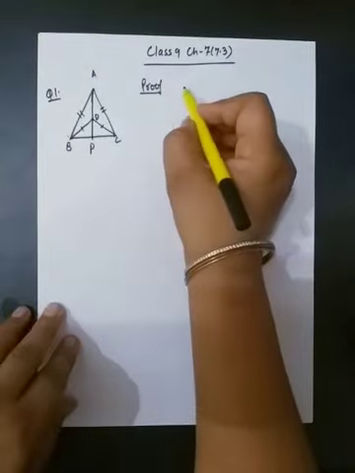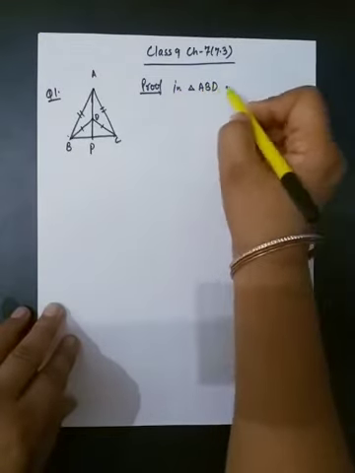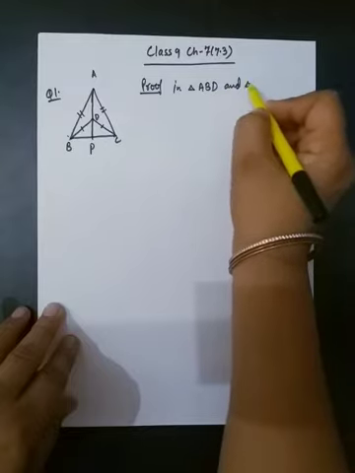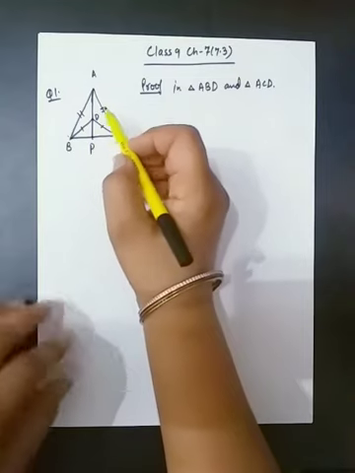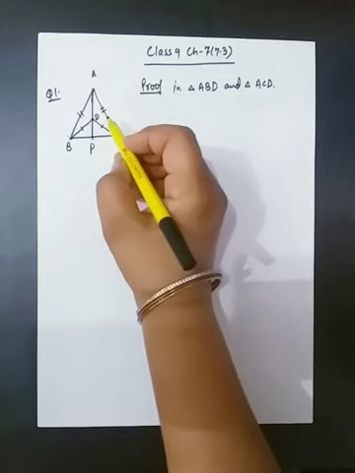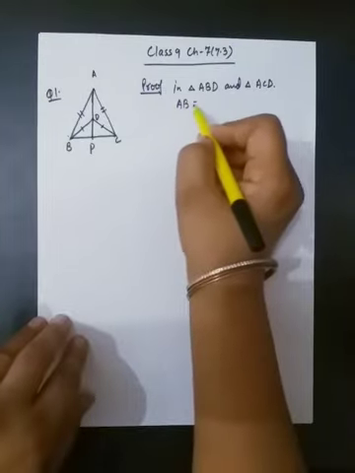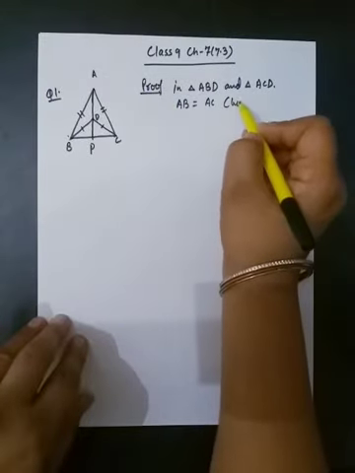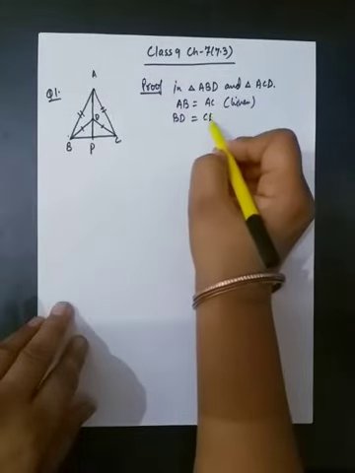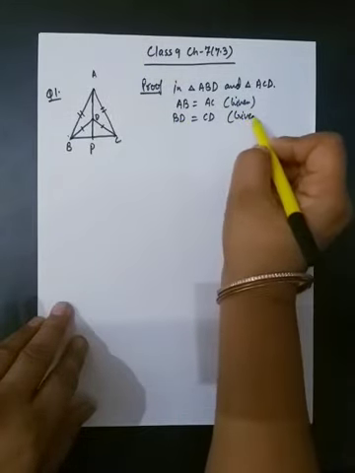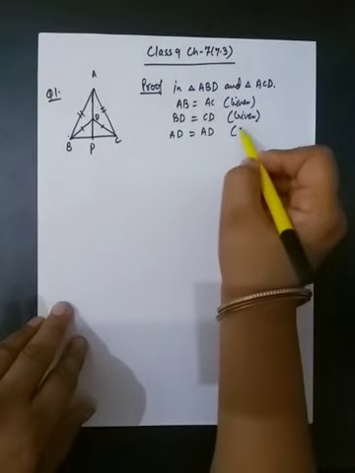Here first of all we will take triangle ABD and triangle ACD, because in these two triangles we are getting three corresponding parts equal. Look, AB is equal to AC, this is given, and BD is equal to CD, this is also given, and the third part is AD is equal to AD, this is common.